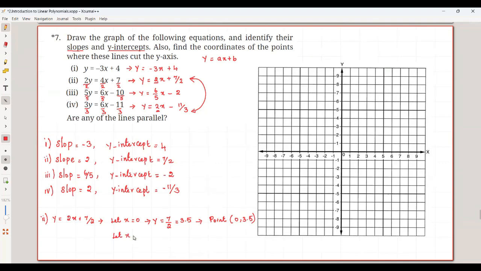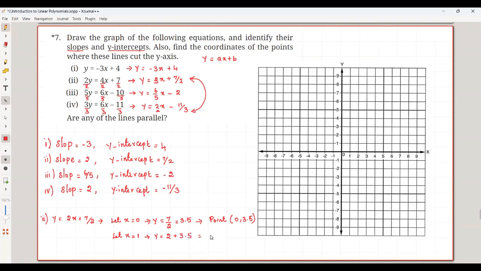You may get a decimal again. We'll just check. X is equal to 1 means we'll be getting y is equal to 2 ones are 2, plus 7 by 2, which is nothing but 3.5.